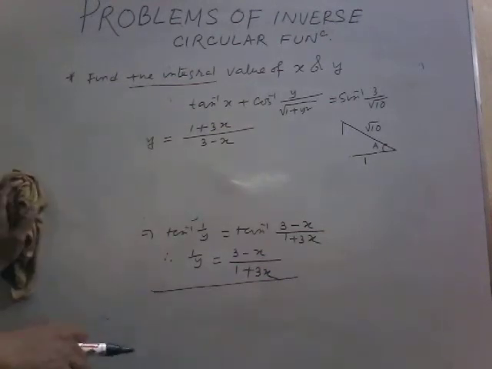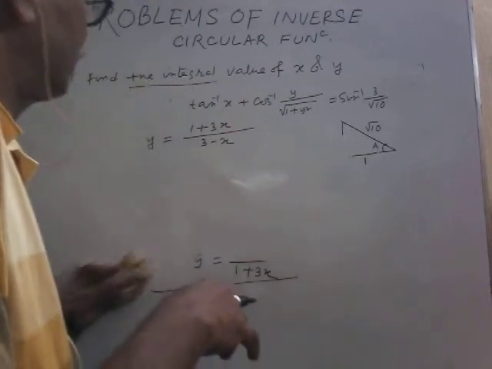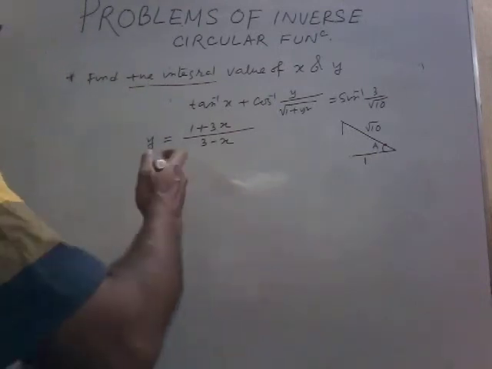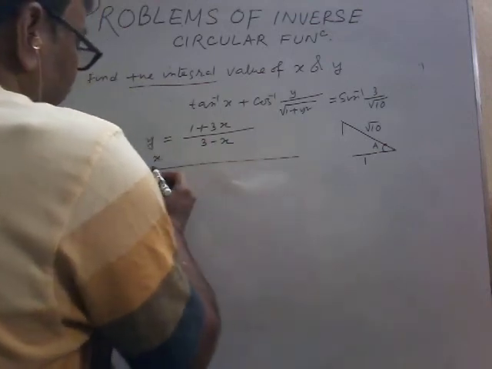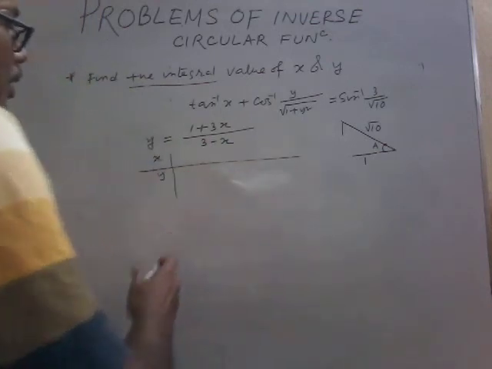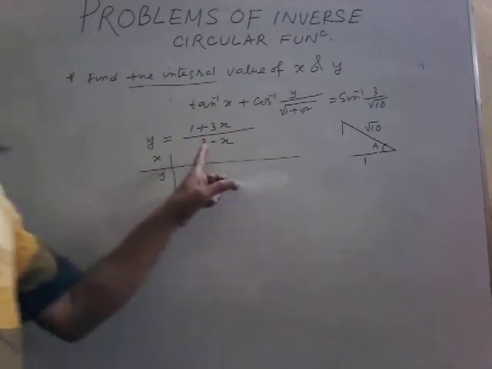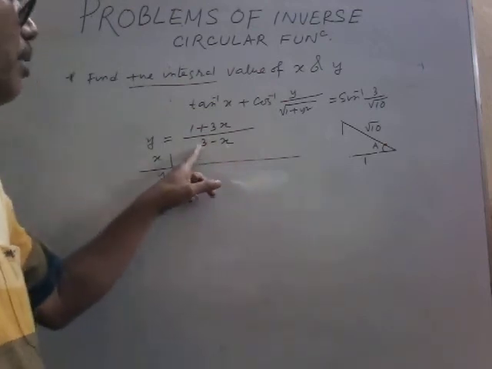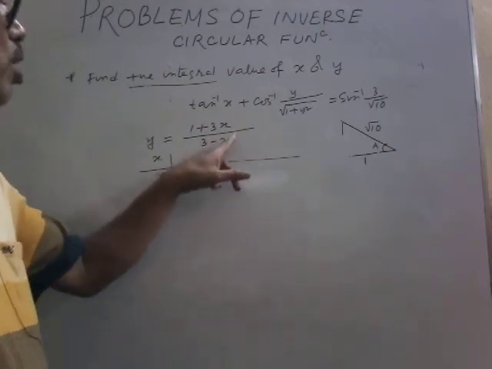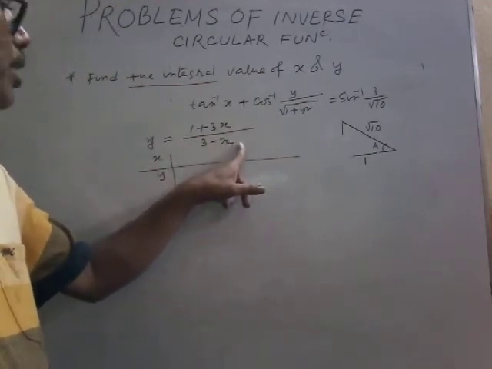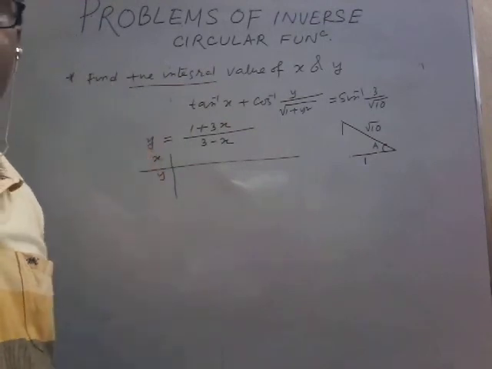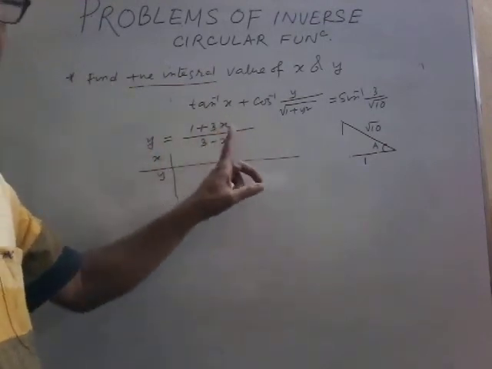Look, x, y. If the value of x is 3, this is undefined. If the value of x is 4, then the denominator is negative and the numerator is positive, so finally it is negative.